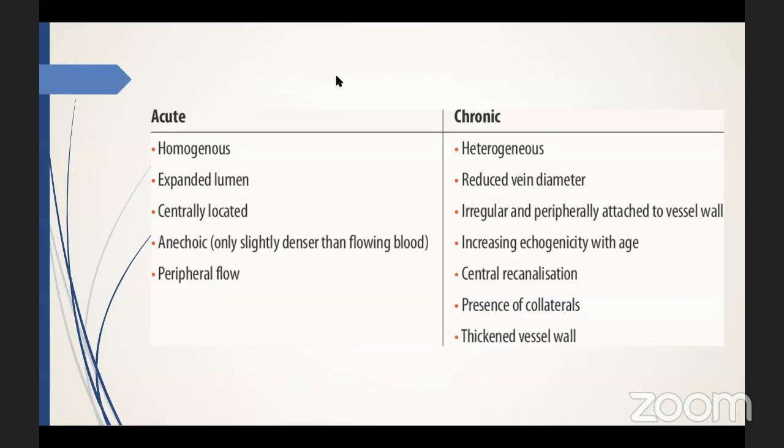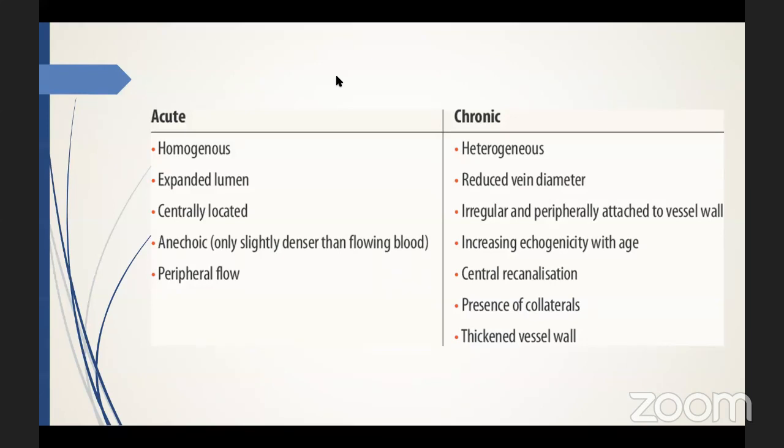And how do we distinguish between an acute or chronic DVT? Basically, an acute DVT is homogeneous and fills the entire lumen, expanding it, so the size of the vessel is slightly increased. There are minimal collaterals you may come across. And it's anechoic, so it's quite blurry, it's not really bright, it cannot shine to tell you it's there sometimes.